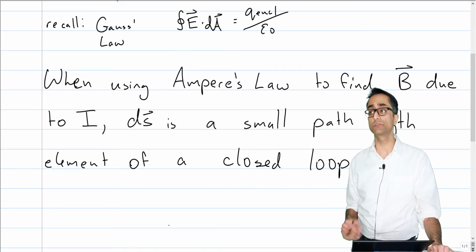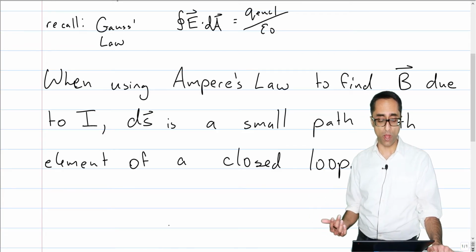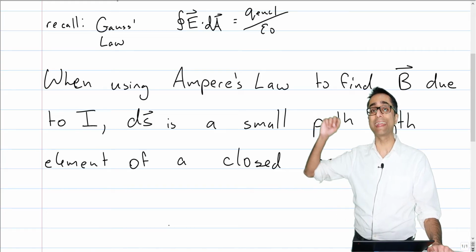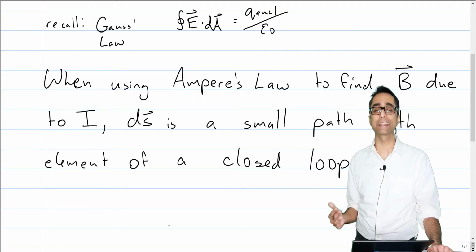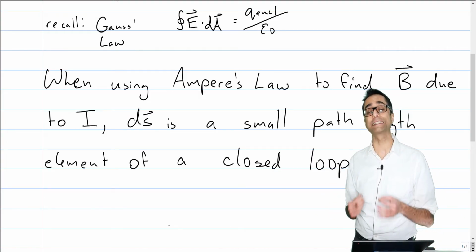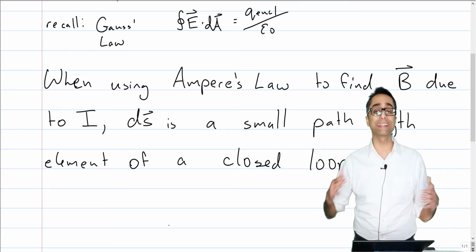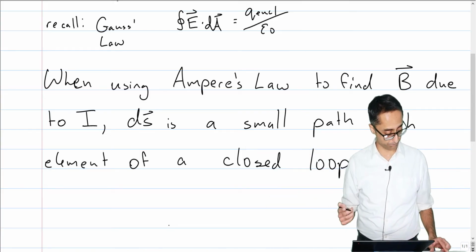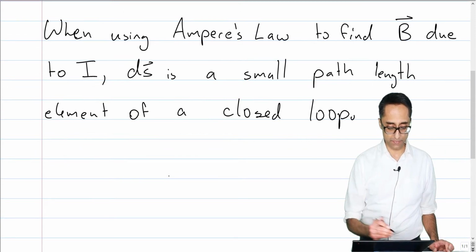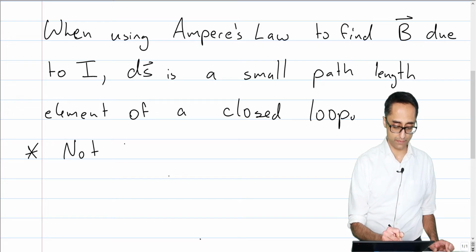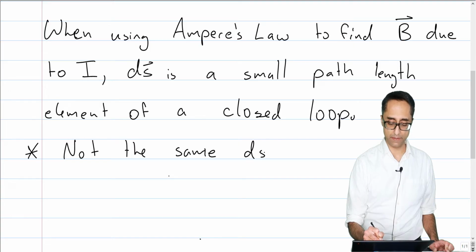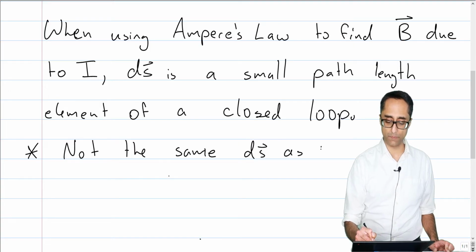Now we only have one possible outcome, and that is a wire, and we're going to be creating a loop around that wire, a closed loop, a one-dimensional length, and ds is going to be a tiny little piece of that length, where s represents the total length. And let me just be very, very clear that this is not the same ds as we saw from the Biot-Savart law.